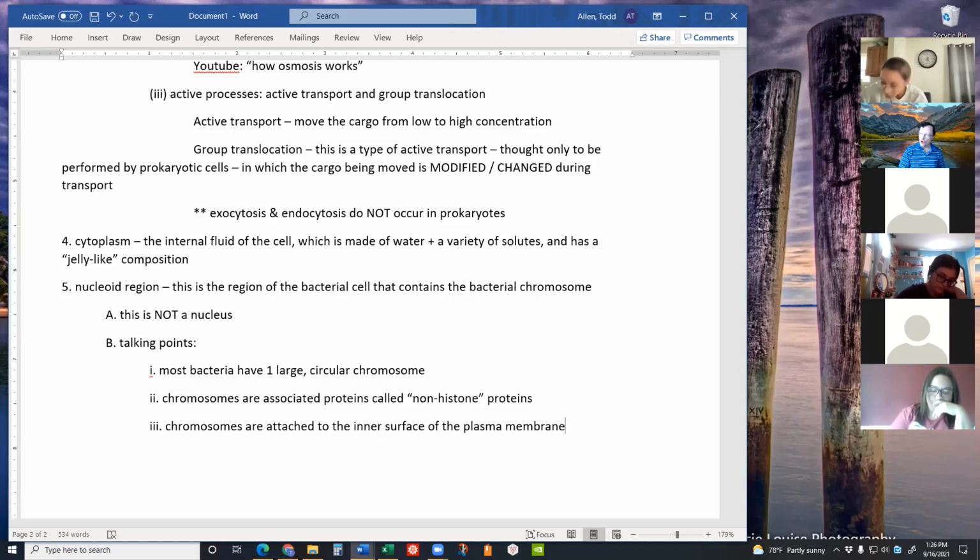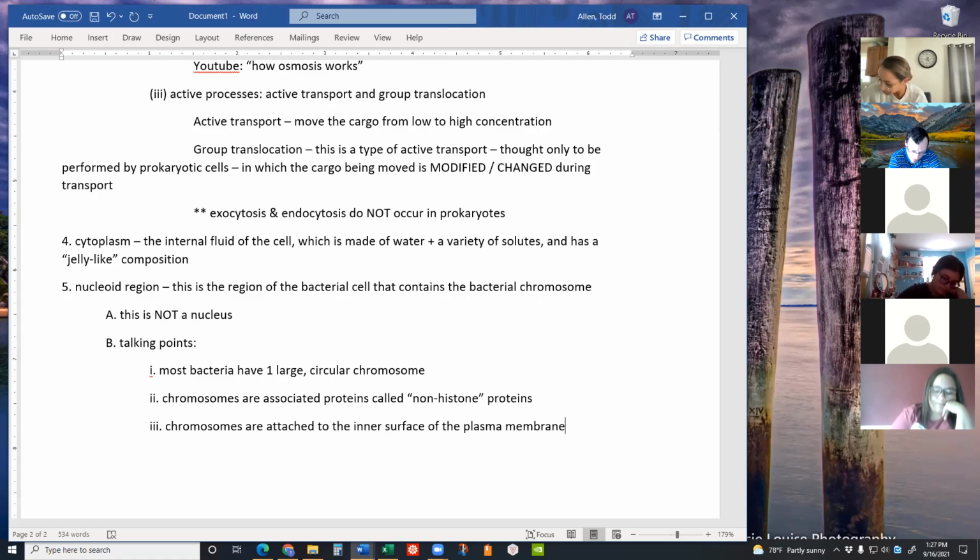Even though it's not drawn that way, it is nonetheless true. And scientists think that it is attached to the plasma membrane to support cell reproduction processes that you may know are called binary fission.